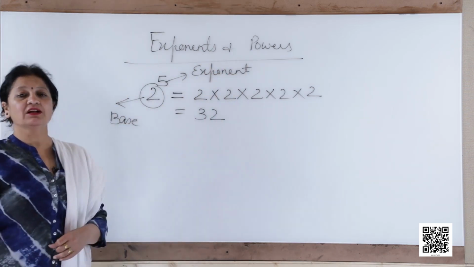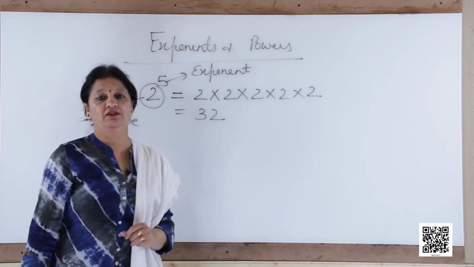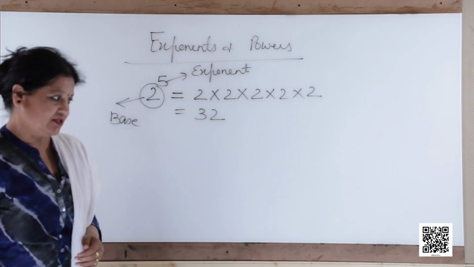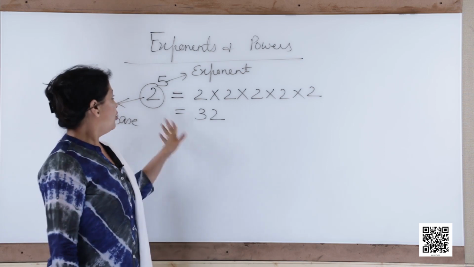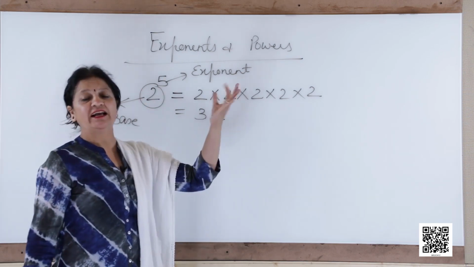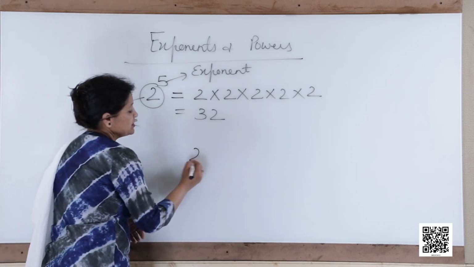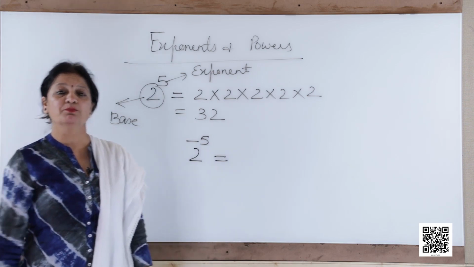But in class 7, we have done this only with exponents that are positive integers. Now, in class 8, we will do all these with negative powers. For example, in place of 2 raised to the power 5, we have 2 raised to the power minus 5.